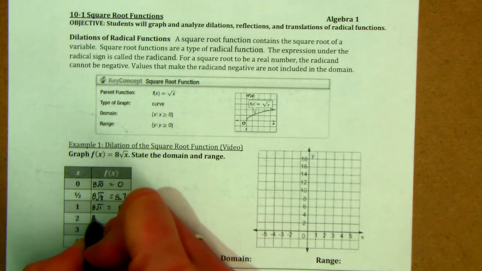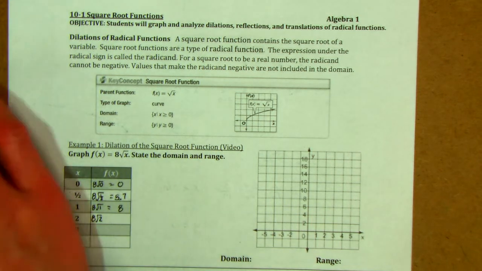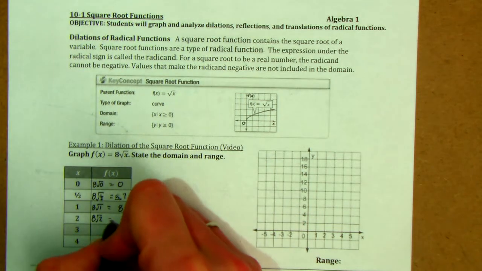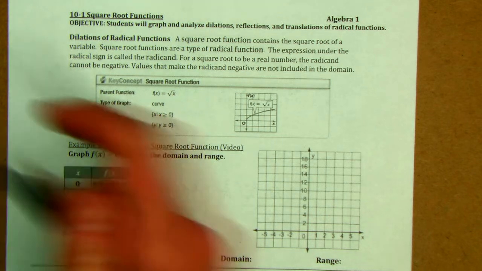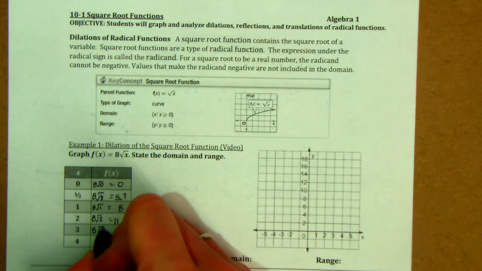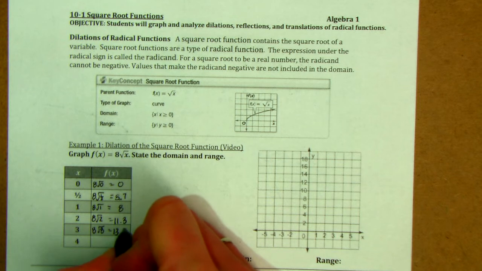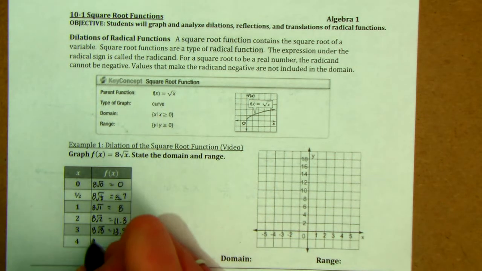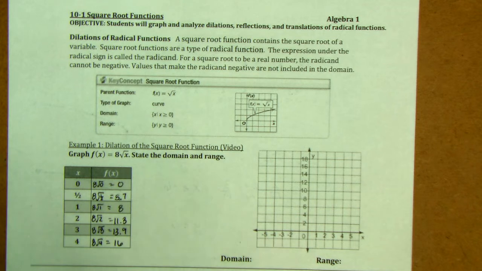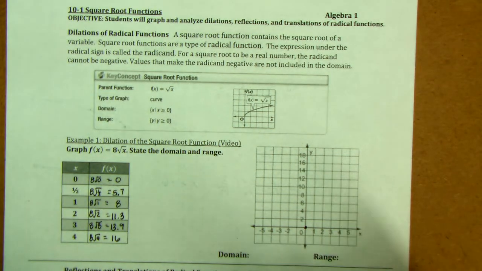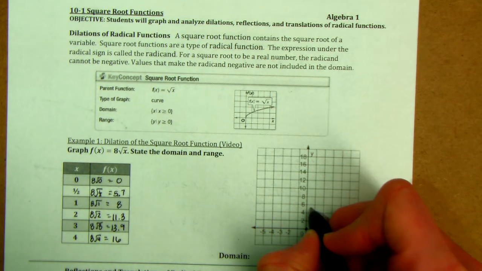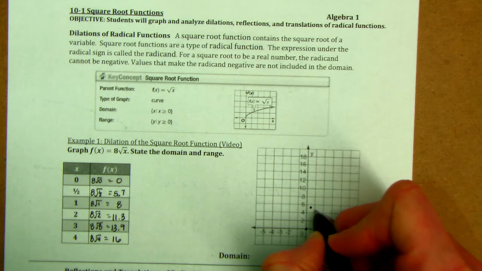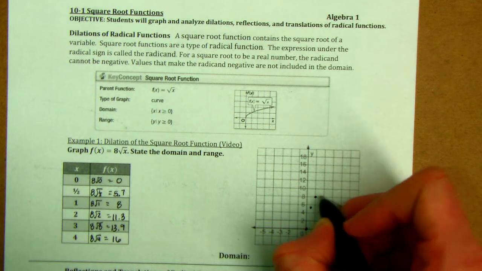gives me 11.3. The square root of 3 times 8 gives me 13.9 if I'm rounding to the nearest tenth, and then 8 times the square root of 4 is just simply 16 because it's 8 times 2. All right, so here it is, 0, 0. And then 1 half gives me 5.7. 1 gives me 8. 2 gives me 11.3. 3 gives me 13.9.